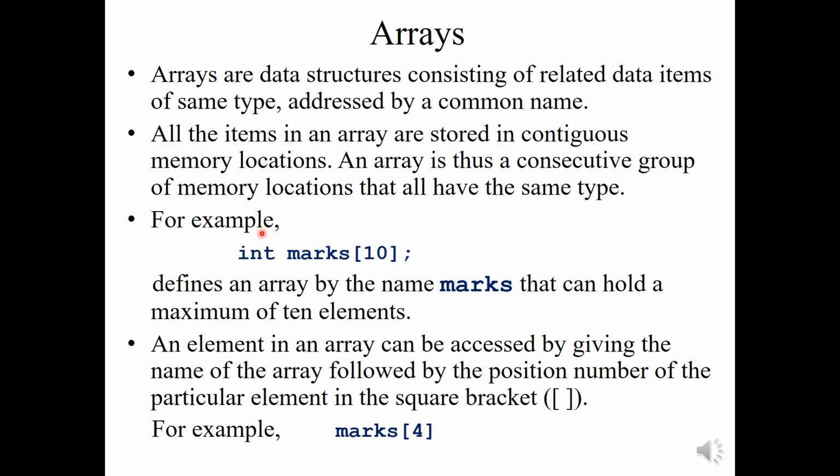So if you take an example, arrays are defined like this. This is the syntax: the name of the array, and in the square brackets, the number of elements available in that array are placed here. So int marks brackets 10 means there are 10 elements in this array, and it is called the array called marks.